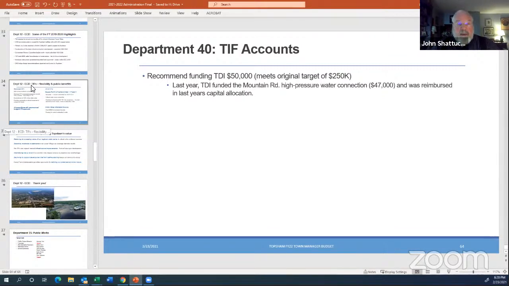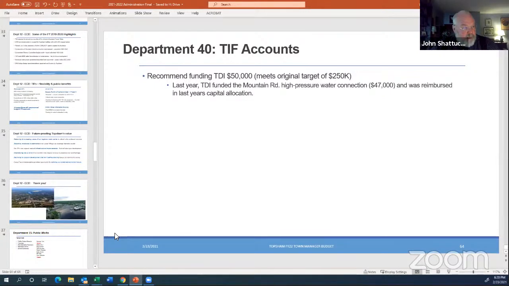the 2020 town meeting. But as noted in the next line here, last year an additional $50,000 was awarded to reimburse TDI for stepping up and funding the town's expenditure for the installation of critical infrastructure at a time when it could be done at a lower cost on Mountain Road.